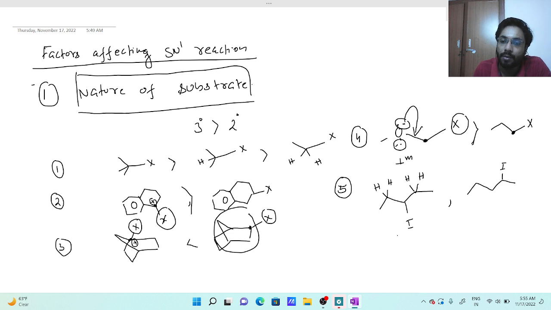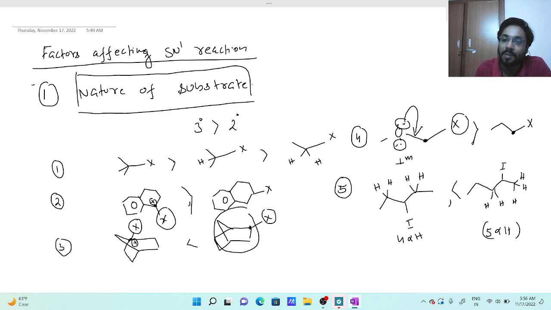So here we have 4 alpha hydrogens. And here how many alpha hydrogens do we have? 5 alpha hydrogens. So simply this alkyl halide is more reactive towards the Sn1 reaction.